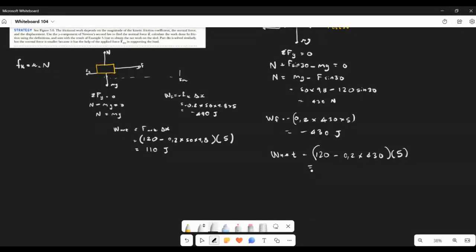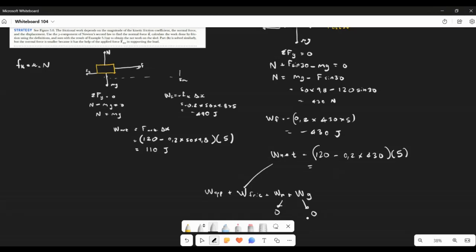And what I like they did there, something very important, on the net work, they took the work applied, which is due to the force, right? The work of friction, right? And they put the work of the normal force plus the work of gravity. And we know that these guys are 0 because they are perpendicular, right? They're not in line, they're perpendicular to the motion, and they're not contributing anything.